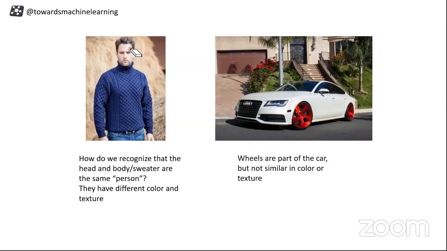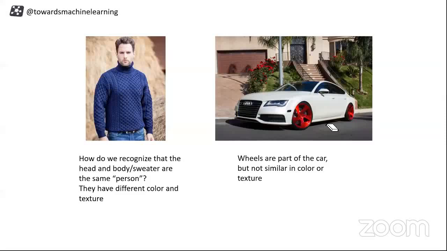But look at it, the face color and his body color, like he's wearing a sweater. On the basis of color, you won't say that this face belongs to this body. If you say on the basis of texture, this is also not the case. The texture of the sweater is different from the texture of his face. So imagine how difficult it might be.